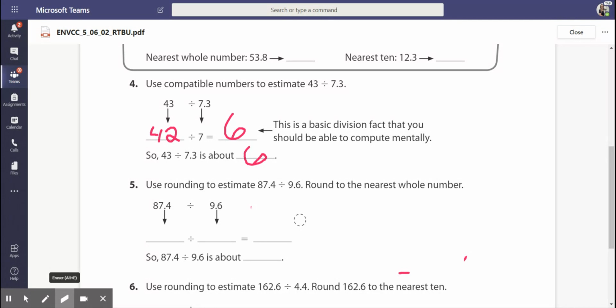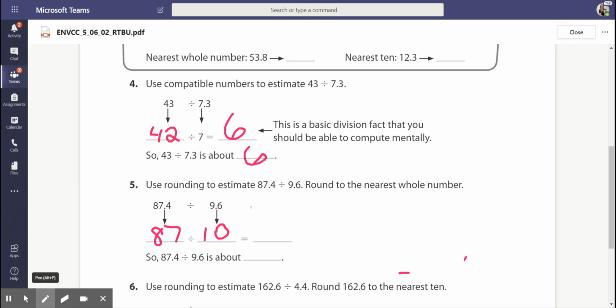But now in our next example, we are going to round to the nearest whole number. This is actually the strategy I prefer to use, but we got to do what we got to do here. All right, so 87 4/10 rounds to the nearest whole number of 87. Divided by 9 6/10, round to the nearest whole number is 10.